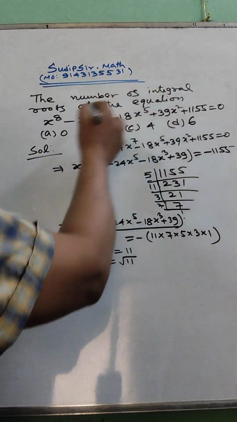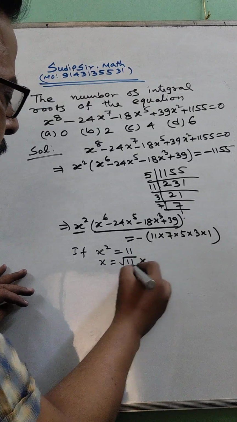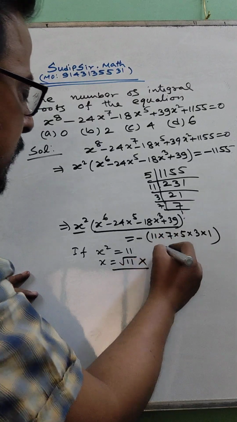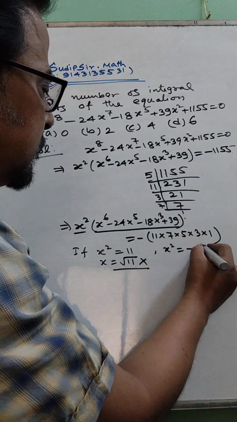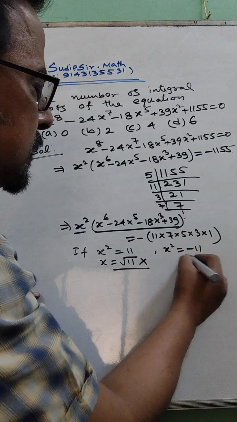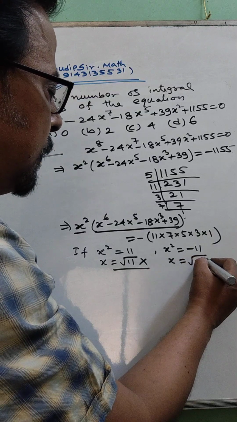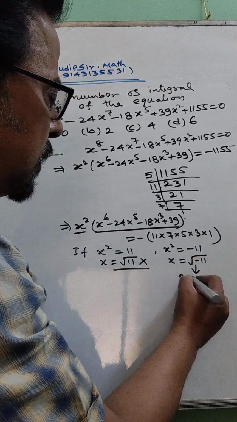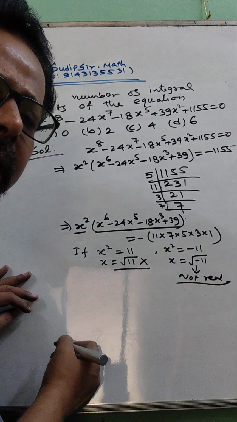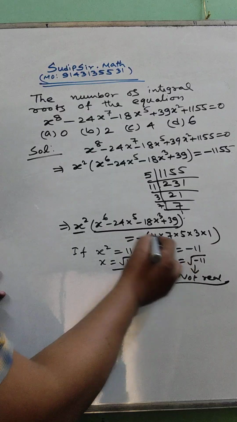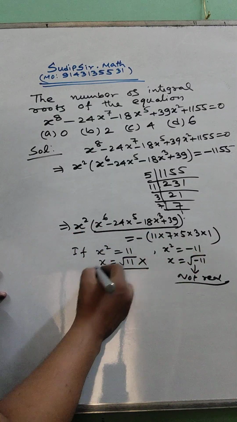But we need integral roots, so this is not an integral root. If we take x square equal to minus 11, then x is root of minus 11, which is not real either. So we will not get a real solution if we take x square equal to 11 or minus 11.